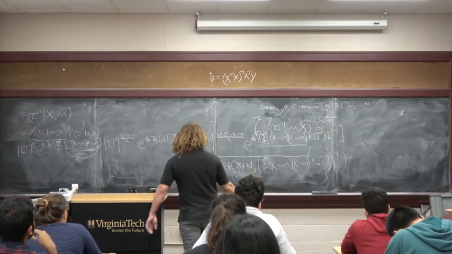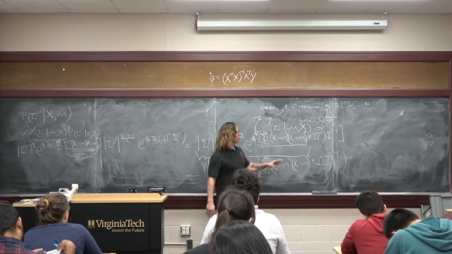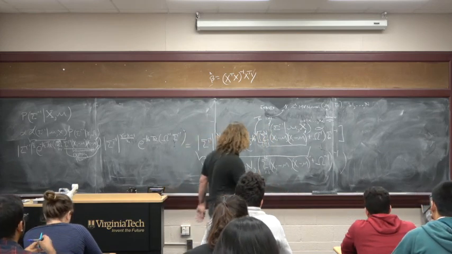Remember that when I wrote down this notation, I just had an omega sitting here, and it showed up as omega inverse when I wrote down the density. So what's the expectation of this thing?